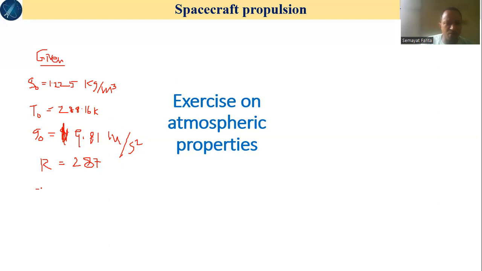So you have this formula: density at an arbitrary position i over density naught equals temperature at i over temperature naught, to the power of minus g naught over aR, minus 1.